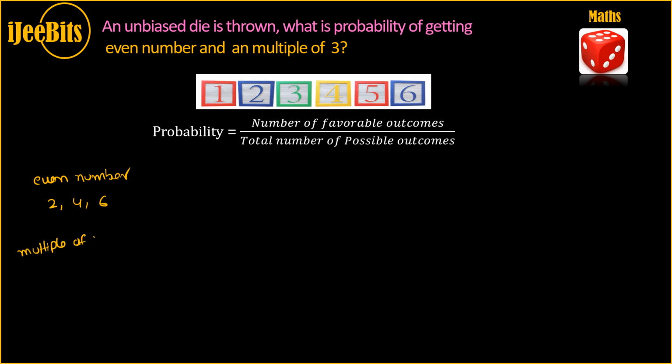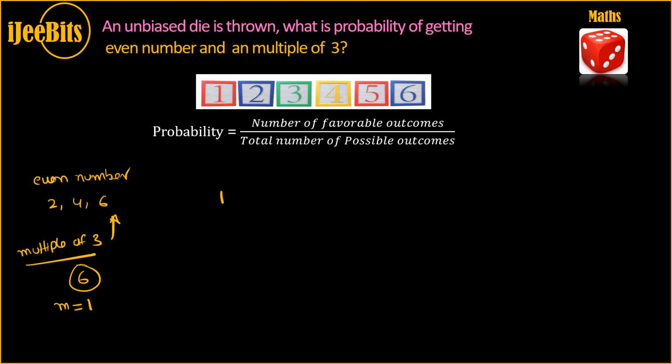Only 6. So our favorable outcome is only 6, because 2 and 4 are not multiples of 3, only 6 is a multiple of 3, and hence our favorable outcome is only 1.